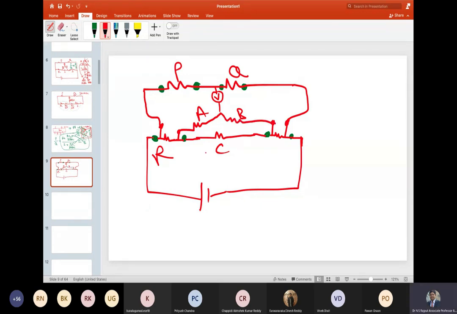Right. So now can you see that with a 4 terminal resistor, we have connected like this, right?